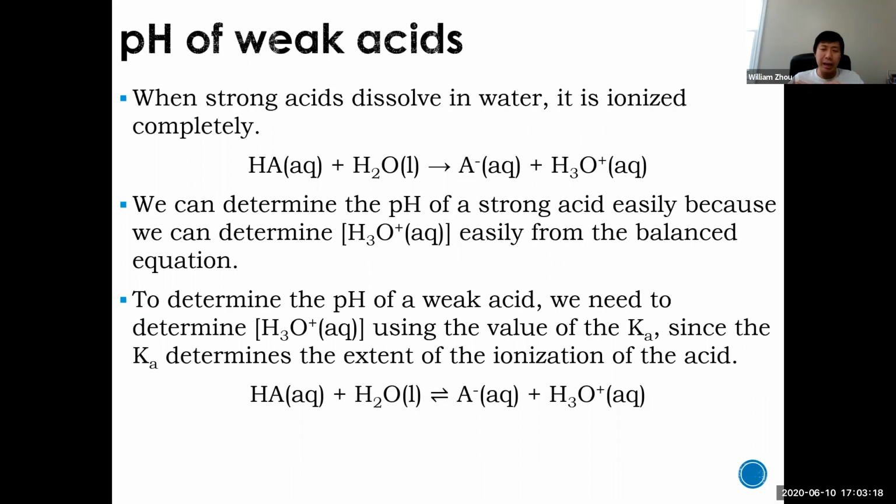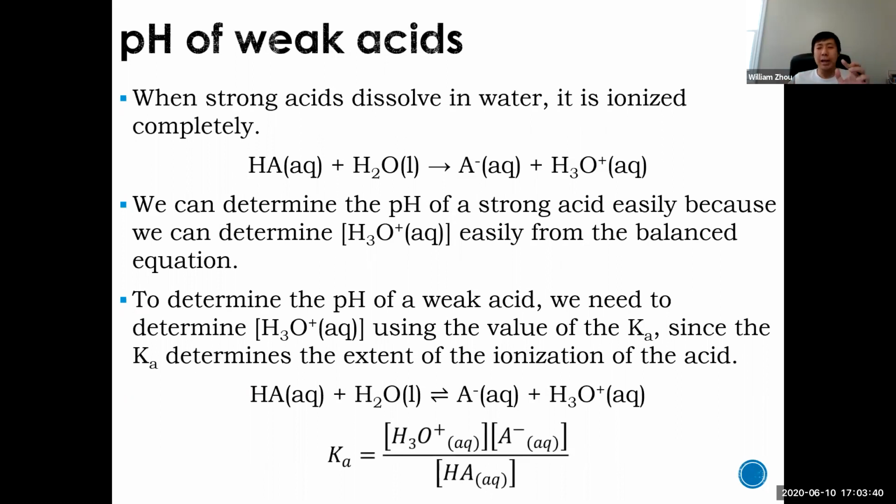The Ka determines the extent of the ionization. So you have to perform an equilibrium calculation to find the concentration of hydronium, and then negative log of hydronium will get you the pH. So you're going to need the Ka and the Ka expression.